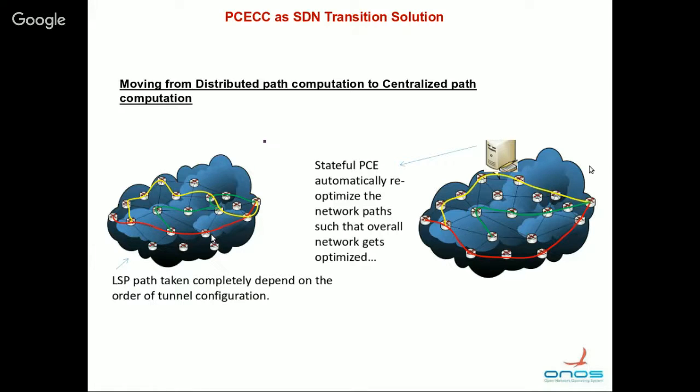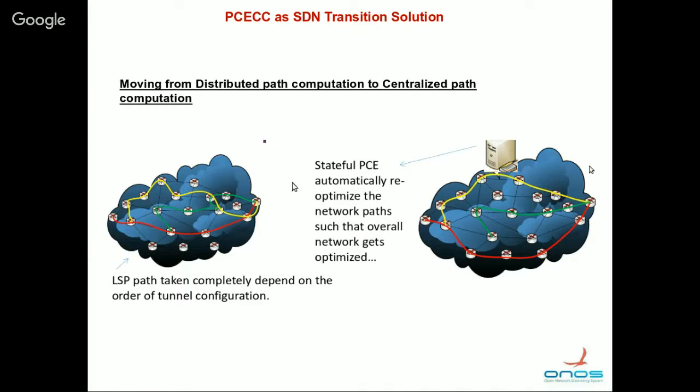When I say optimization here, think of garbage collection in memory. Something like garbage collection, where it periodically moves the tunnels around to squeeze the bandwidth so that the new LSPs can be formed. Okay, this is one of the use cases we have for moving towards the central controller.